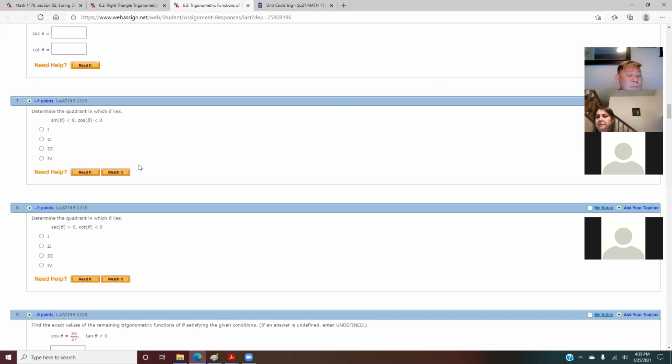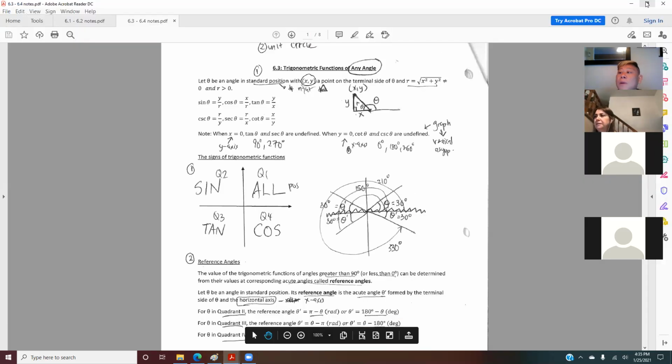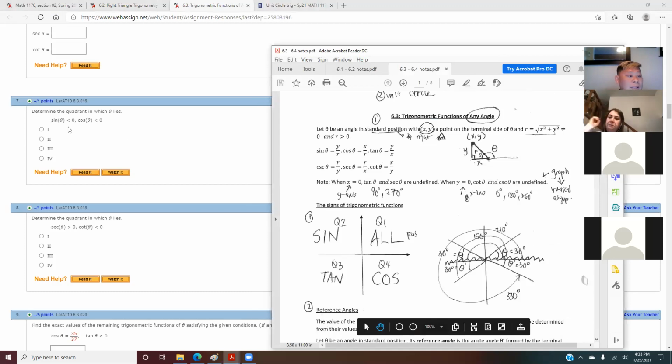For question number 7, let me minimize this so you can see. It's asking sine is less than 0. Less than 0 means negative. So when sine is negative, it means it's only quadrant 3 and quadrant 4. I put a little X on here.